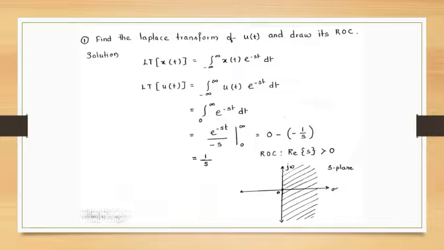Since u of t is a right-sided signal, the ROC will also be right-sided. So when drawing a region of convergence, mark the pole 0 and draw the ROC towards the right. The shaded region indicates the ROC in the s-plane.